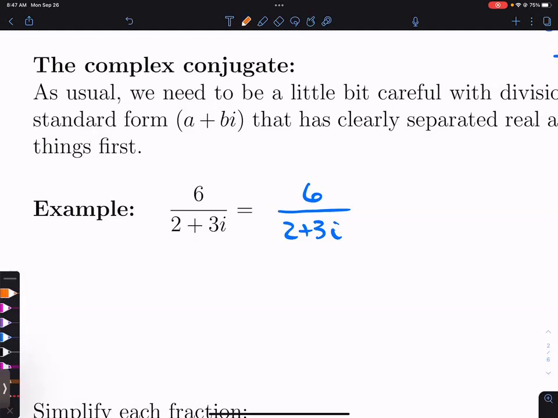The way we do that is to multiply by a thing that we call the complex conjugate. I'm just going to write it and do it, and then we'll talk about why it does what it does. So I'm rewriting a fraction, just like if you're doing a common denominator kind of thing, changing what kind of fraction it is. The thing I'm going to multiply by on top and bottom so that I don't change anything is 2 minus 3i.